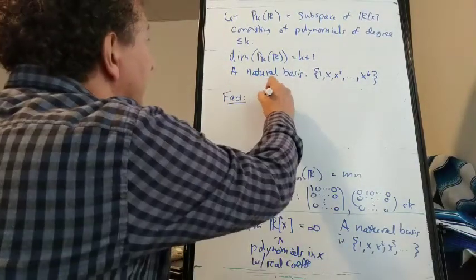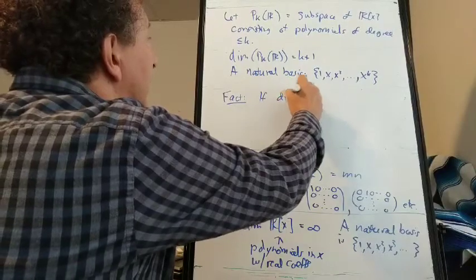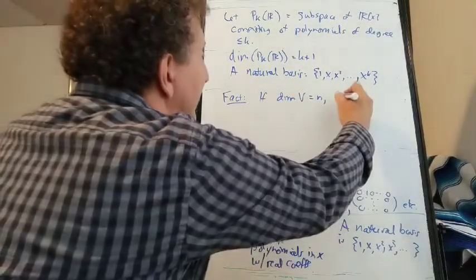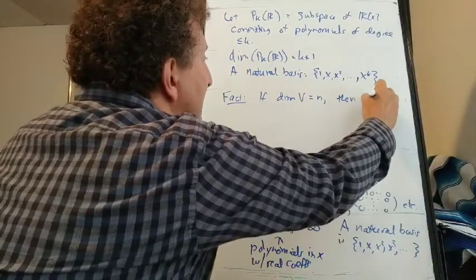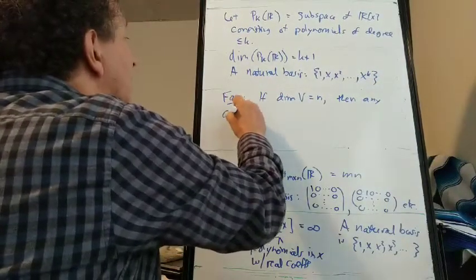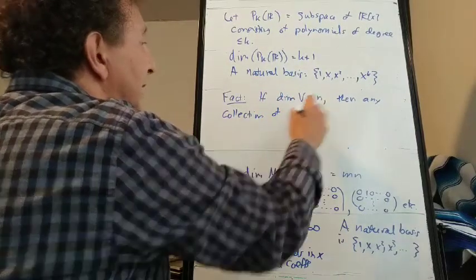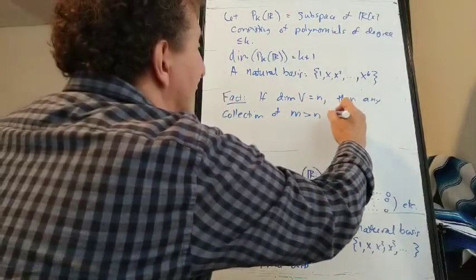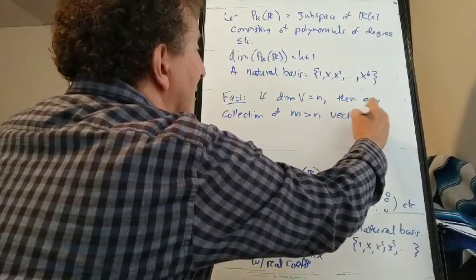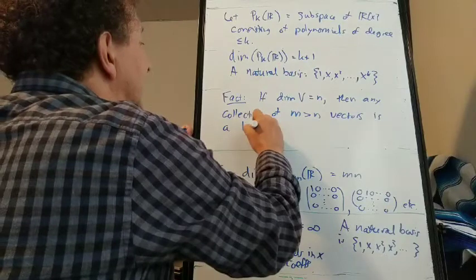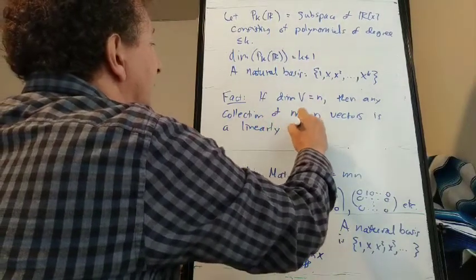So if the dimension of a vector space equals n, then any collection of, let's say, m greater than or equal to n, so more than n vectors, is a linearly dependent set.